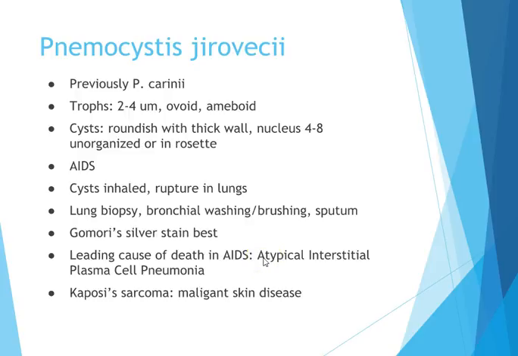When they get infected with this, it causes a pneumonia called atypical interstitial plasma cell pneumonia, and that is the leading cause of death in AIDS patients. It also is related to a malignant skin disease called Kaposi's sarcoma.